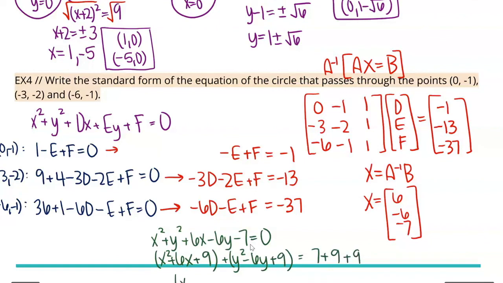And so this will become x plus 3 squared plus y minus 3 squared equals, and 7 plus 9 comes out to be 25. So that is standard form of the equation of our circle. And you could verify that too, right? You could graph this. It has a center of -3, 3. The radius is 5. And it must pass through those 3 points.